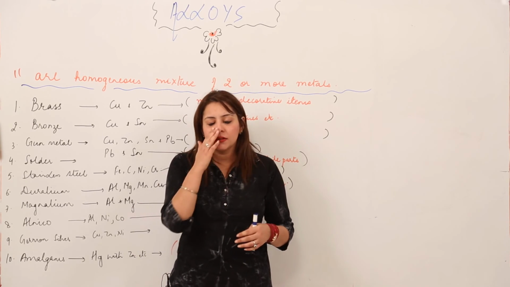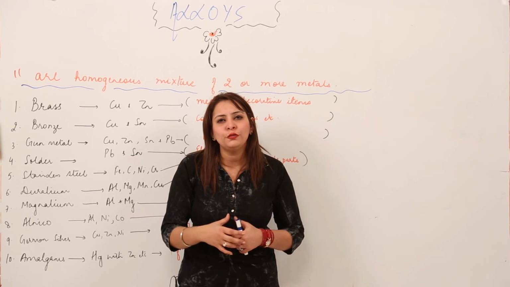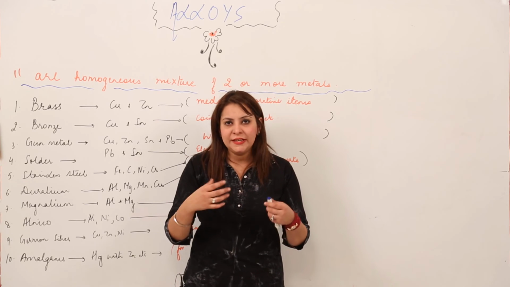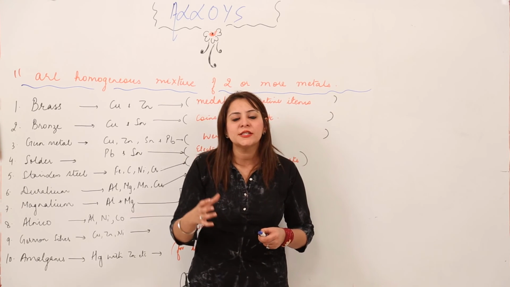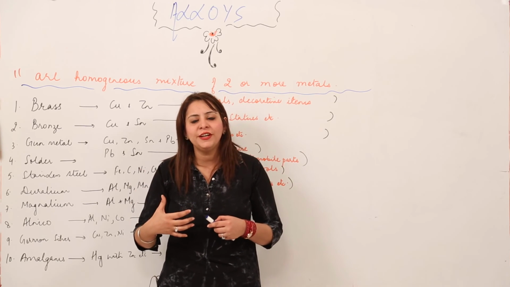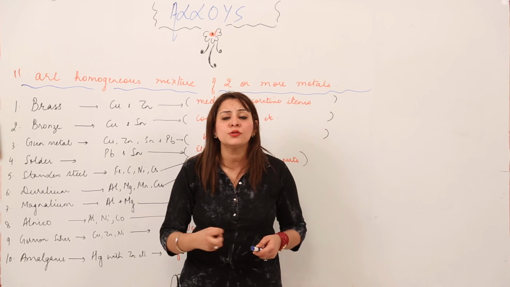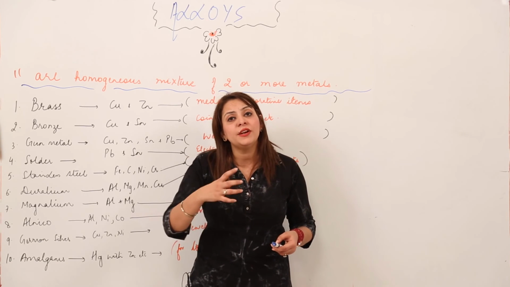And one question which I would like to discuss: do you know what is the pure form of gold? Yes, pure 24 karat gold is the pure form of gold. You know that the ornaments which you are wearing are not actually 24 karat, because the pure form of gold is so soft that we cannot make jewelry out of it.